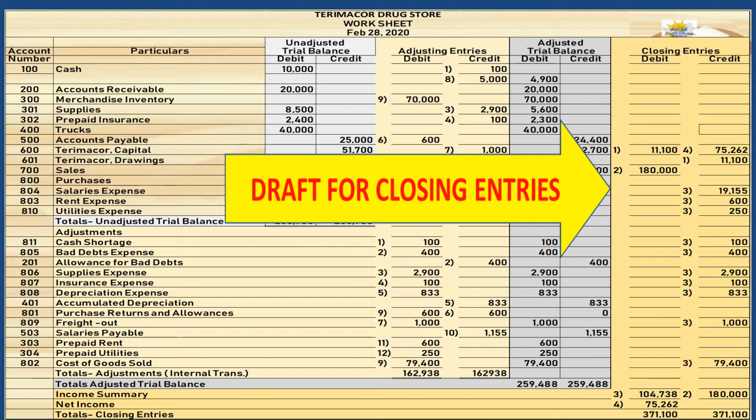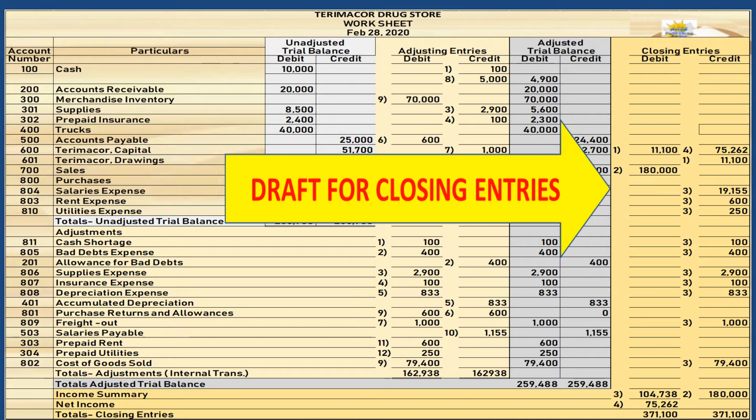Logically, it is sequential to prepare the closing entries first, but it is not practical because the financial statements are still subject to the approval of the regulatory body.